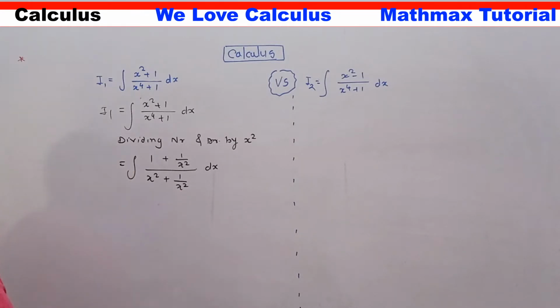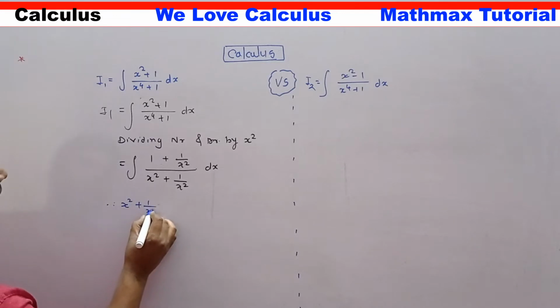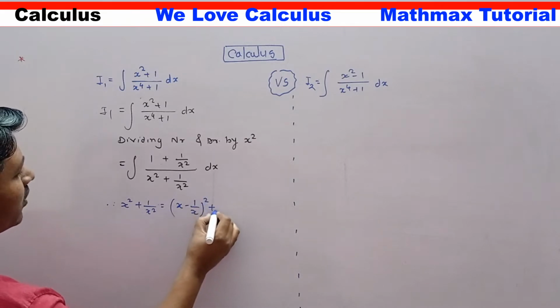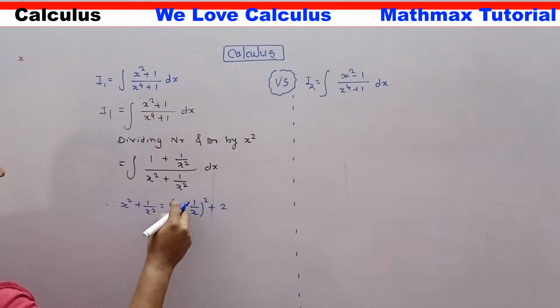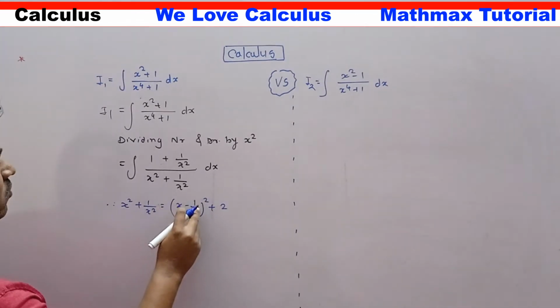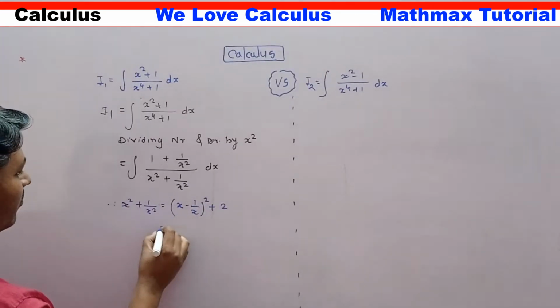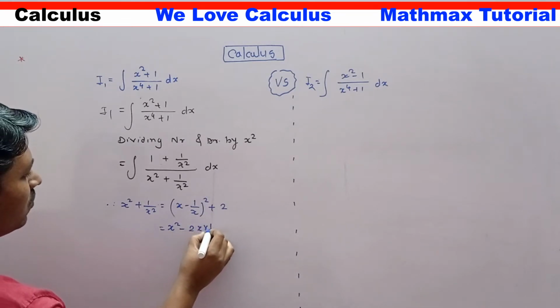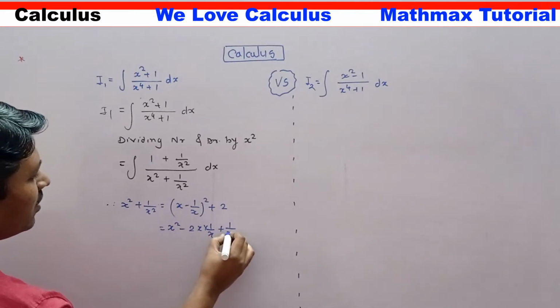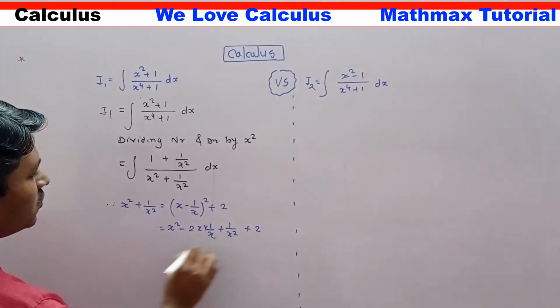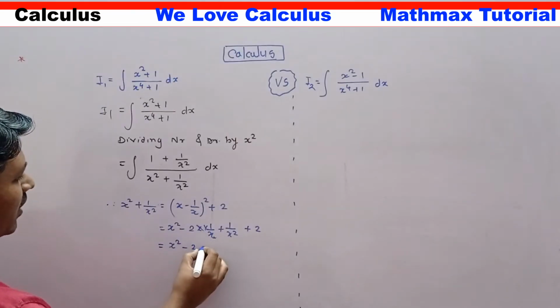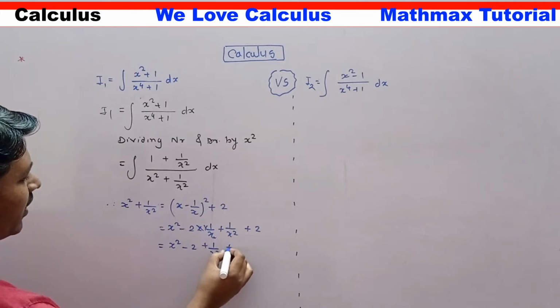This term x square plus 1 upon x square we can write as (x minus 1 by x) whole square plus 2. Expanding (x minus 1 by x) whole square, we get x square, minus 2 times x into 1 by x, which is minus 2, plus 1 upon x square, and then plus 2.